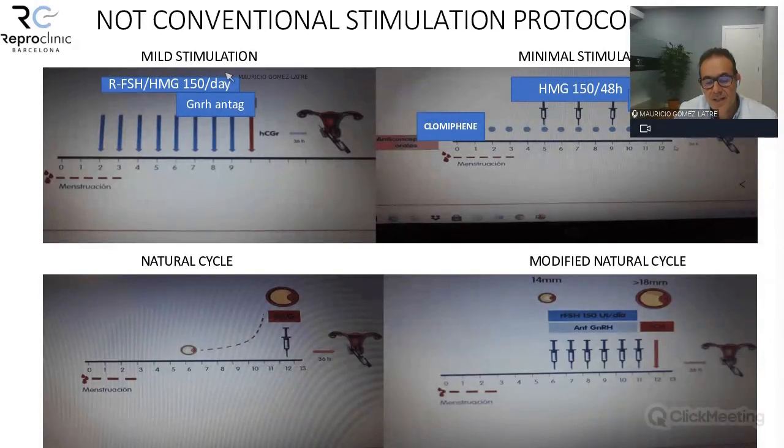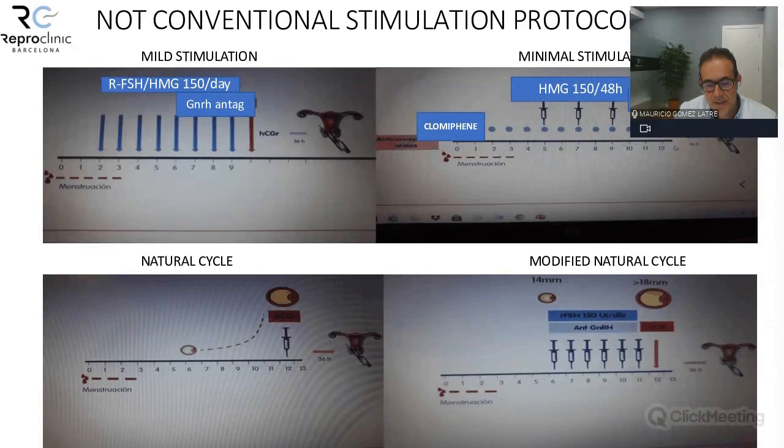In mild stimulation, a lower dosage of gonadotrophins is used, starting the antagonist at the right time and triggering at the right moment. In the minimal stimulation, we can add clomiphene to stimulate the endogenous production of FSH and add gonadotrophins at low dosage every 48 hours.